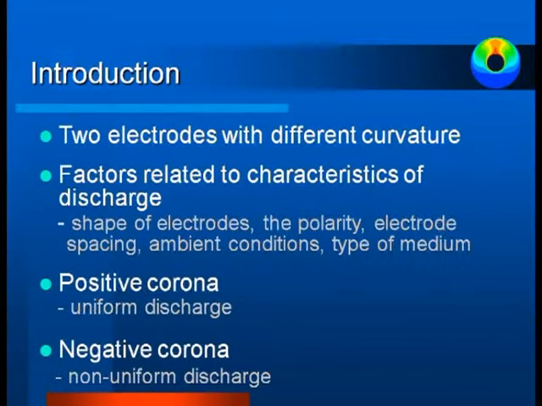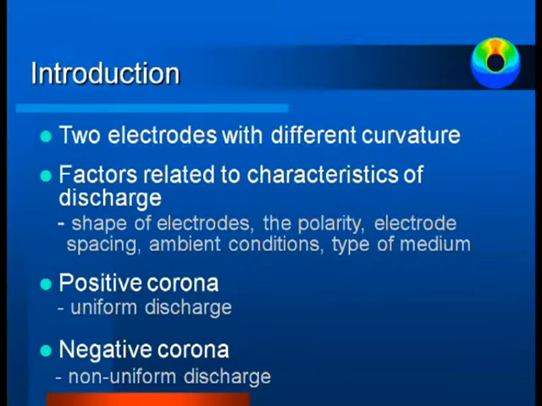And so to do this, we have to have two electrodes. And these two electrodes have to have different curvature. So usually one has to have a larger radial curvature than the other. And so we can see the factors related to this discharge: the shape of the electrode is critical, the electrode polarity is important, and also the electrode spacing.